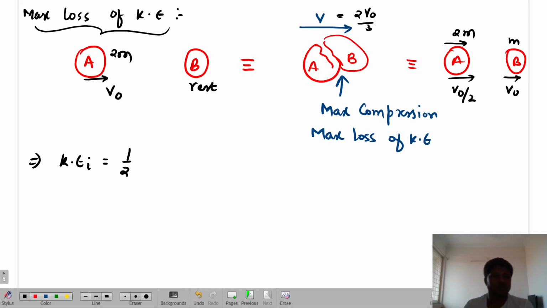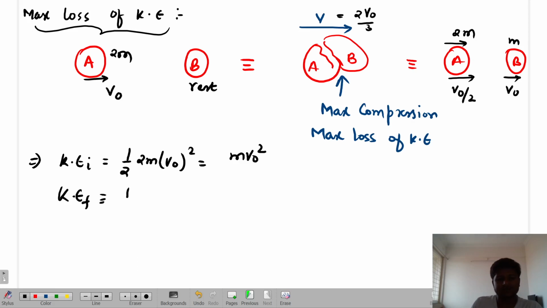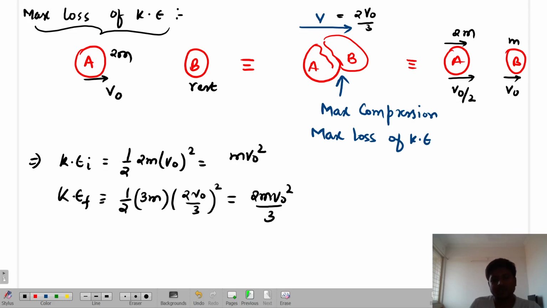So look over there. If I find the initial kinetic energy, that is half of twice m into v naught whole square. How much is that? This is mv naught square. Final kinetic energy during the maximum compression is how much? Half of 3m, they are joined together, 3m, and the velocity is twice v naught by 3 whole square, isn't it? So this is going to appear as twice mv naught square by 3.